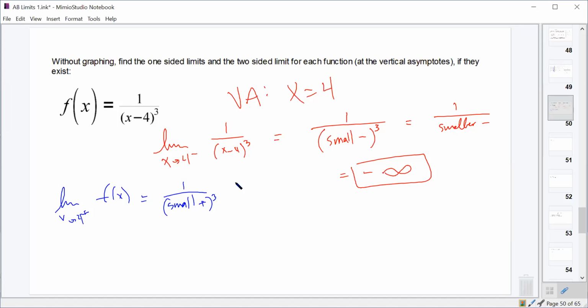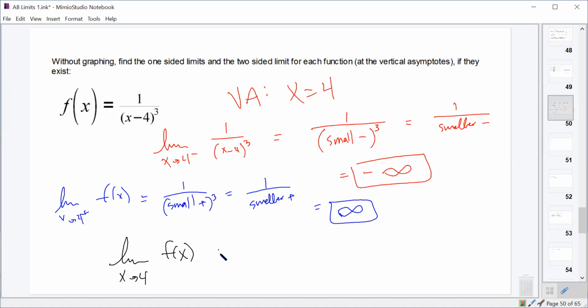And if we cube a very small positive, it becomes an even smaller positive, which gives us, in this case, positive infinity. Everybody good with that? Yes. And the limit as x approaches 4 of f of x, we'll say does not exist.